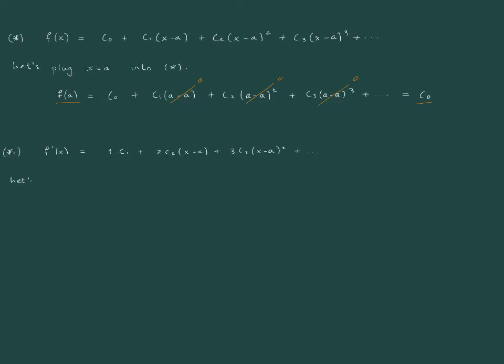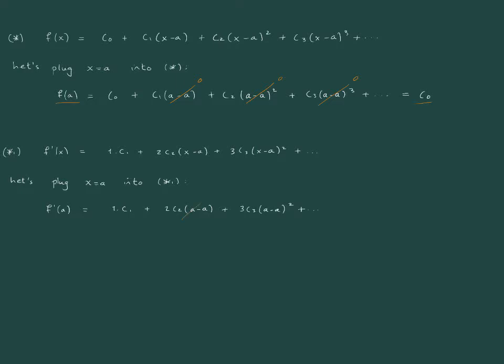And as above, we're going to plug in x equals a into star 1. And we're left with f prime of a is equal to 1 times c1 plus 2 c2 (a minus a) plus 3 c3 (a minus a) squared plus dot dot dot.